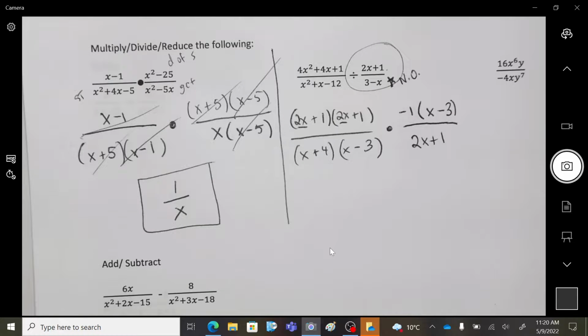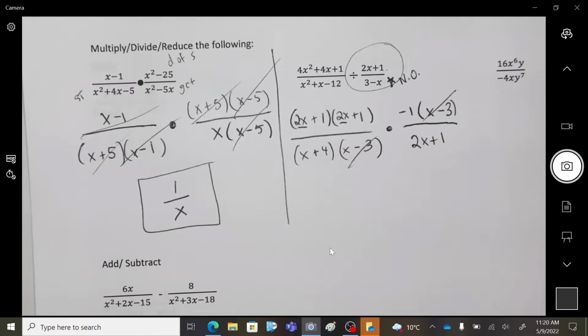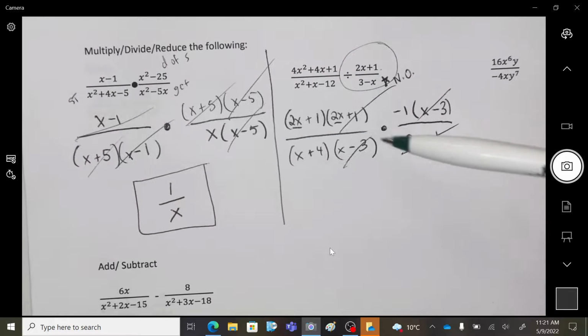Okay, that's all done. Now it's time to cross out anything on a top, bottom. So x minus 3 and a 2x plus 1. You can only cancel one of them though, right? You can't all of a sudden cancel the double.